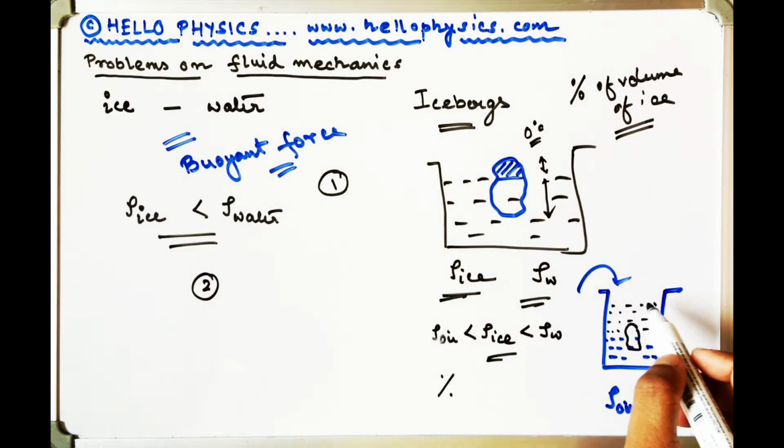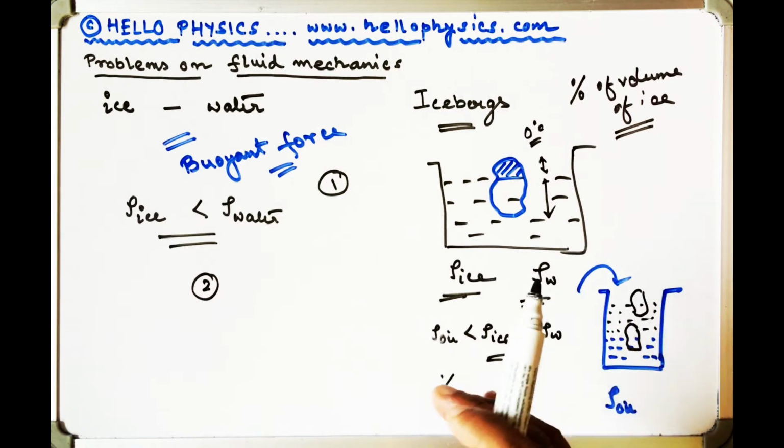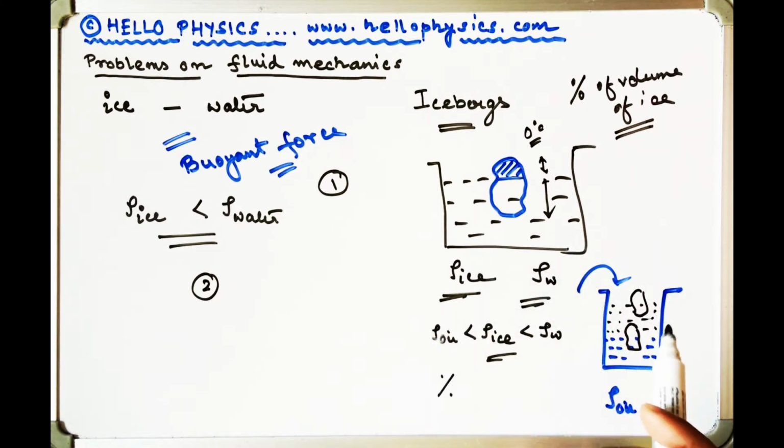It may so happen that the ice moves up and starts floating like this, with a certain percentage in air and a certain percentage in oil. It may so happen that a certain percentage is in oil, a certain percentage is in water. Whatever the scenario is, you have to first evaluate that and then find out what percentage of the volume of the ice is inside oil and what percentage is inside water or inside air. That is the second part of the problem.